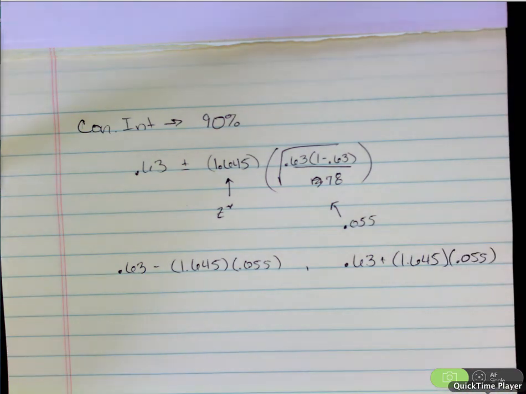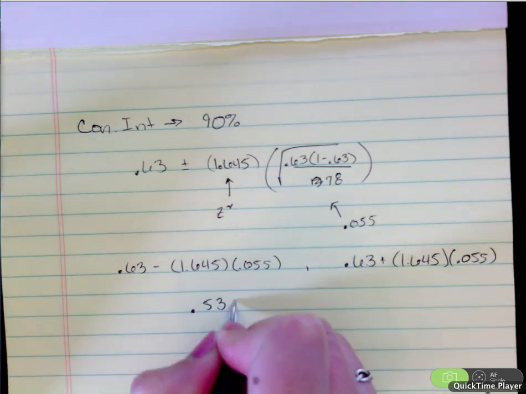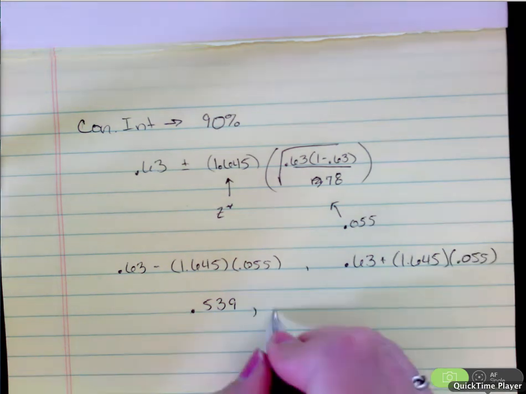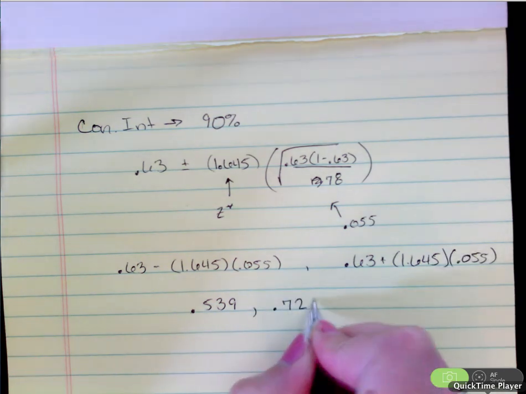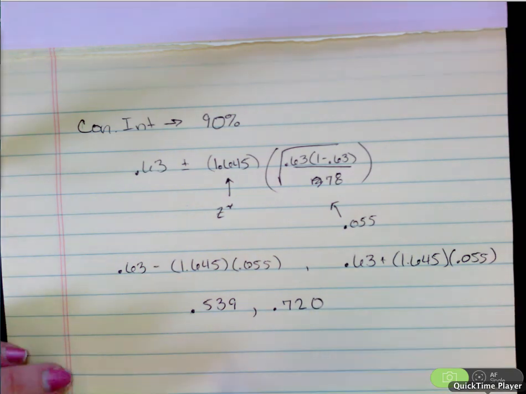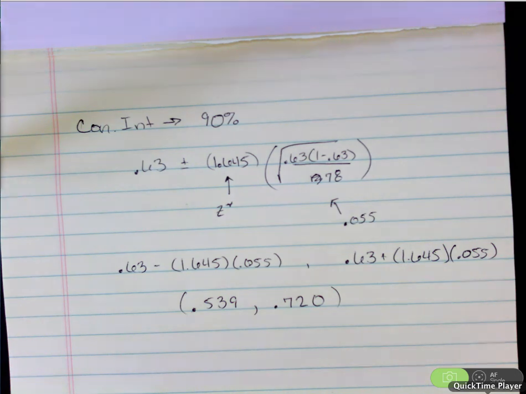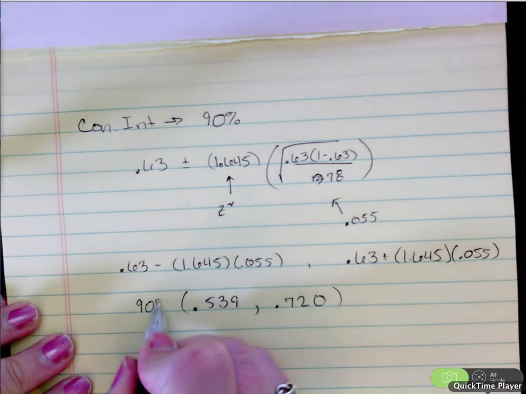For that, I've got 0.539 and 0.720. So my confidence interval now is from about 53% to 72%. This was my 90%.